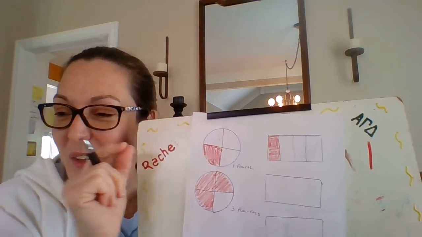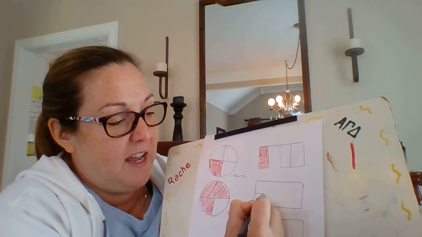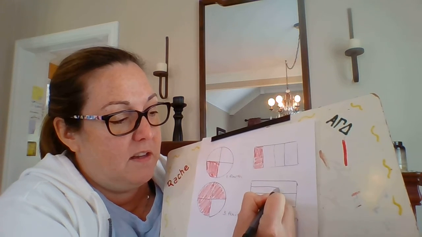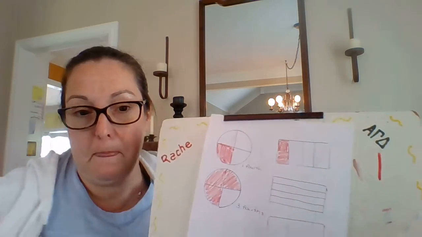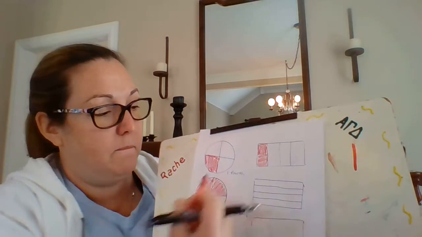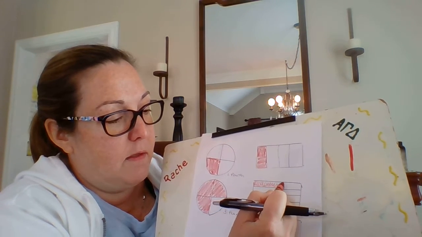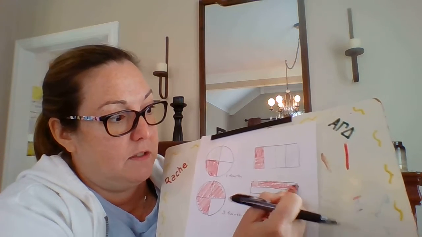Another way, remember that long skinny way from before? What if we cut it in half like this and then cut each half in half like this? My coloring's getting messier and messier, guys.